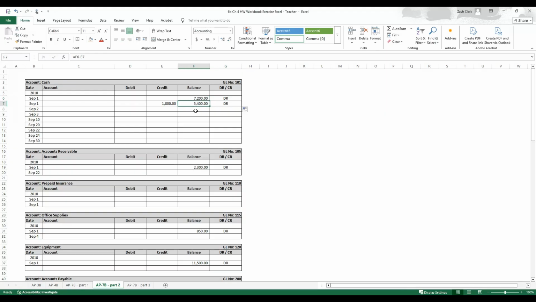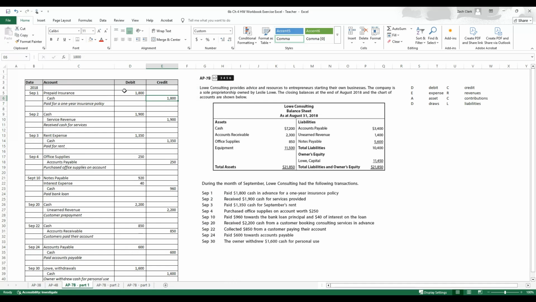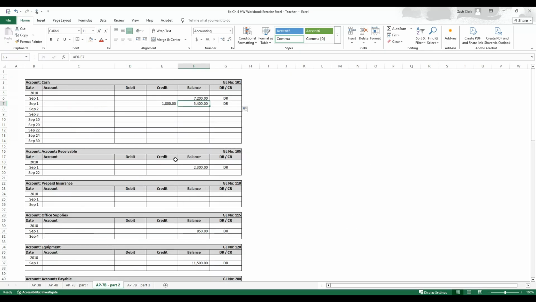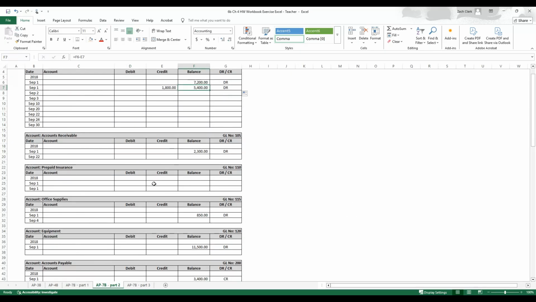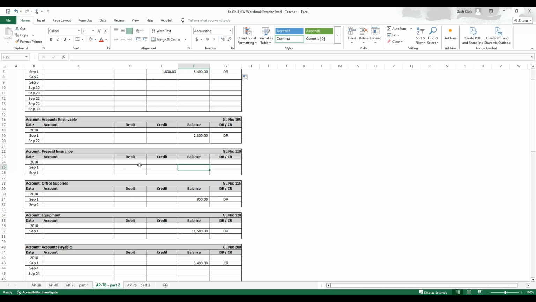But now we've got $5,400 as our balance in cash. But that was just one half of the journal entry. The other piece went to prepaid insurance. So it had a 0 beginning balance. It had no beginning balance to start. But now on the first, we are going, and I guess you could put a 0 in if you really wanted to.